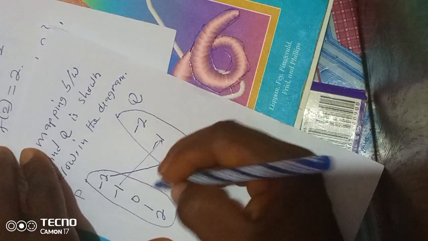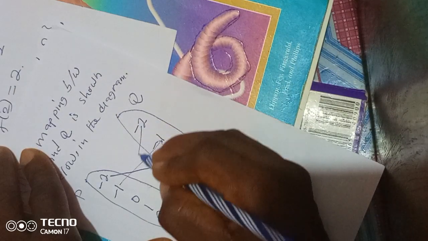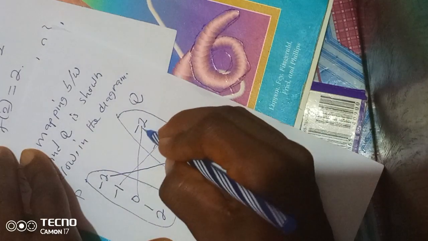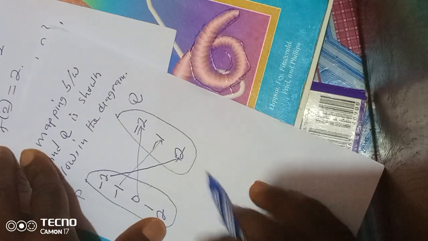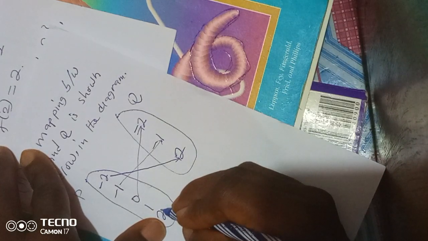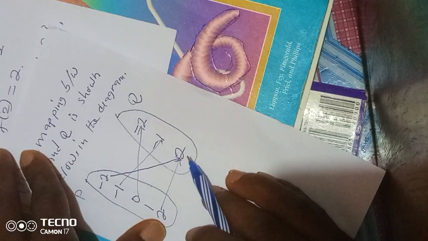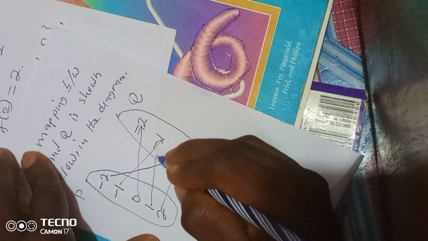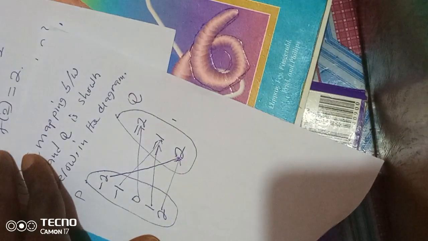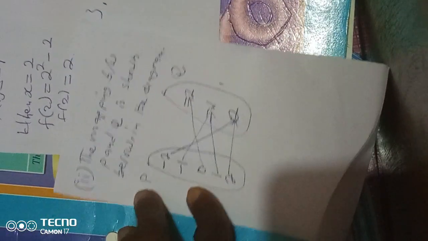Our y becomes -2. When x was 1, our y became -1. So this is the mapping showing between P and Q.